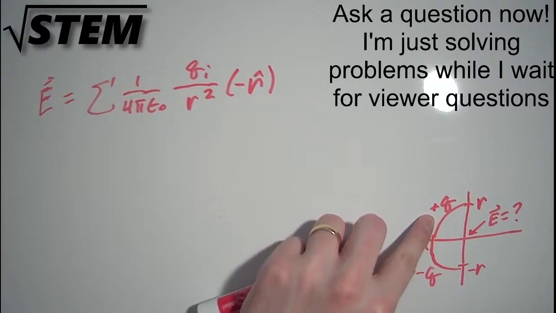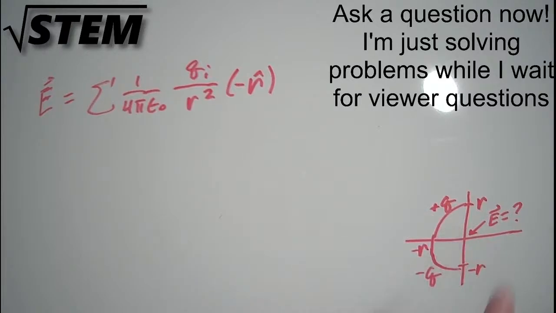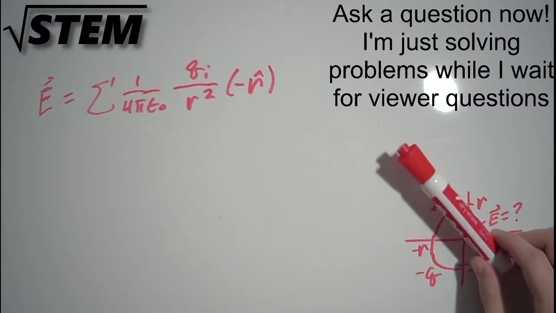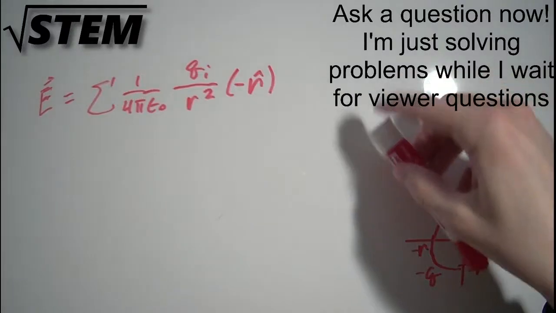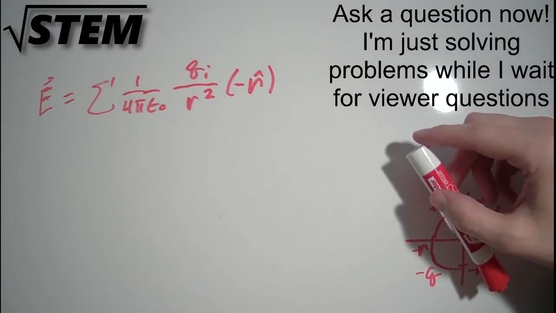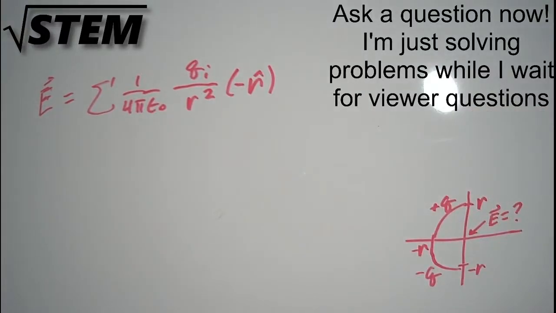Because if it's from up here, the r vector is going to point away from the origin, and if this has a positive charge, we want the field line to point back towards the origin. Now, how do we turn this into an integral? We need to write the r hat vector in terms of, well, hold on.